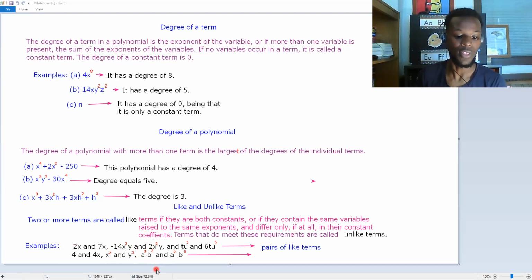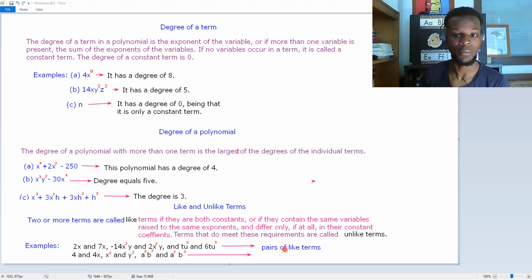Now, these two terms contain the same variables, x squared y. So they are like terms. And finally, we have tu raised to the fifth and 6tu raised to the fifth. These are also pairs of like terms.